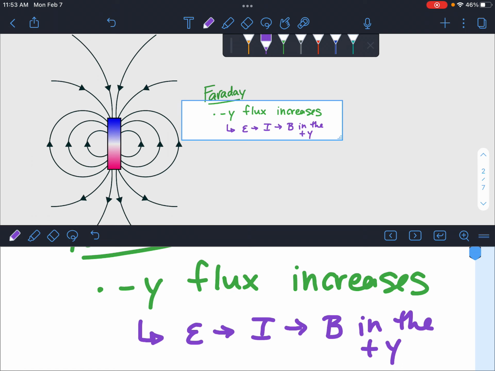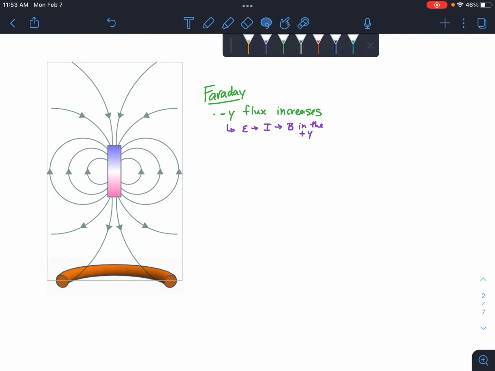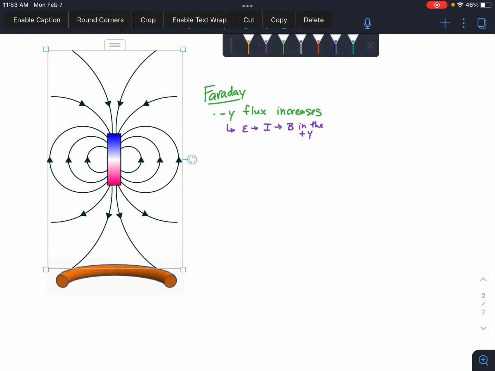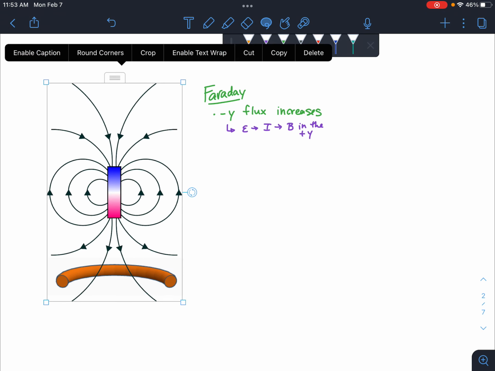Okay? The flux in the negative y direction increases. Take a look at that again. This thing is moving downward. The magnetic field lines are pointing down. And so the flux going through this ring is increasing in the negative y direction.